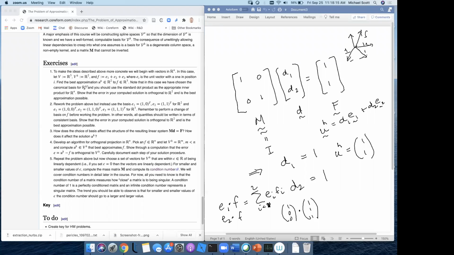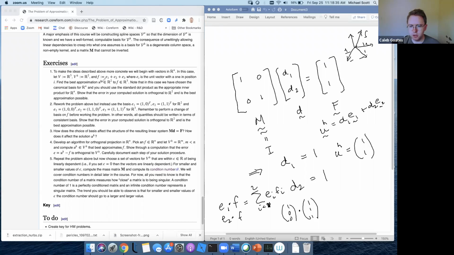If n is equal to 3, we're using the canonical basis for R3. So this F comes from R3, so this is the canonical basis for R3. This u comes from R2, so we're using the canonical basis for R2. So we could call these E1s and E2s different things, potentially, because they are the basis for R3 and R2.